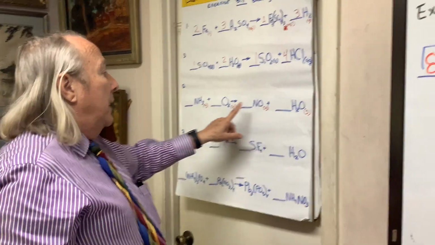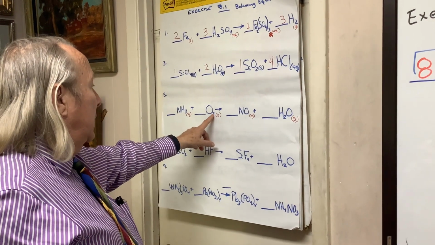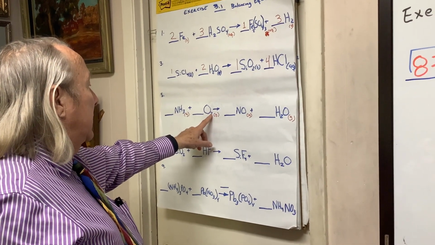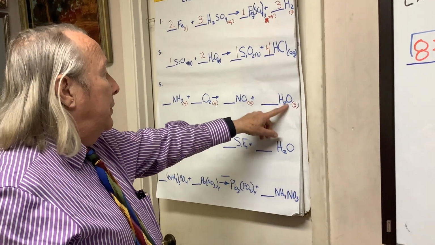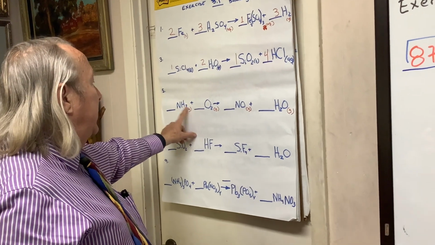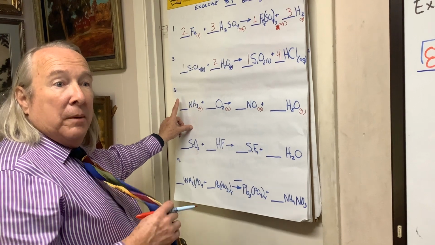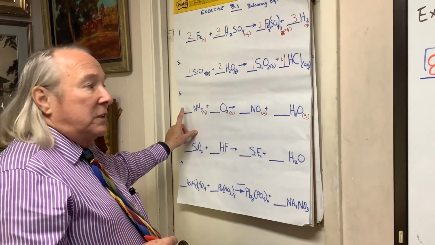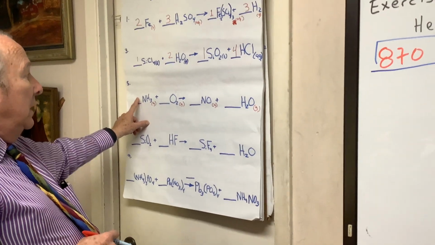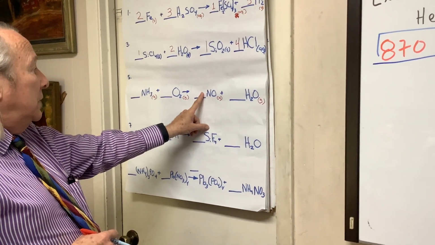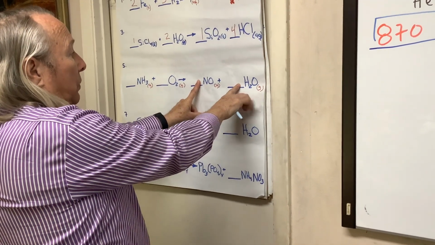Okay, I could go either way with that, but when I do this I see, let's see, I got 2 here, and I've got an even number of hydrogen here, but an odd number here. So I'm going to have to multiply this one by some even number, 2, 4, 6, or 8. When I tried 2, I had 2 ammonias, then I have 2 nitrogens here, and 3 waters here.